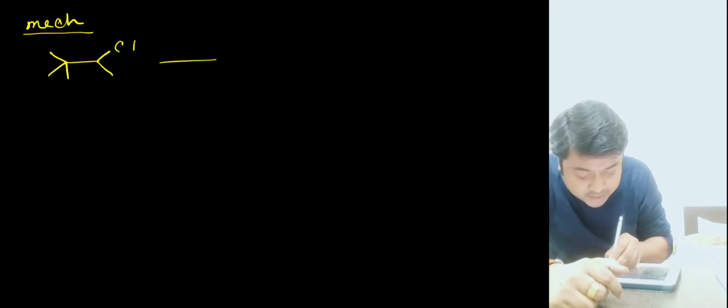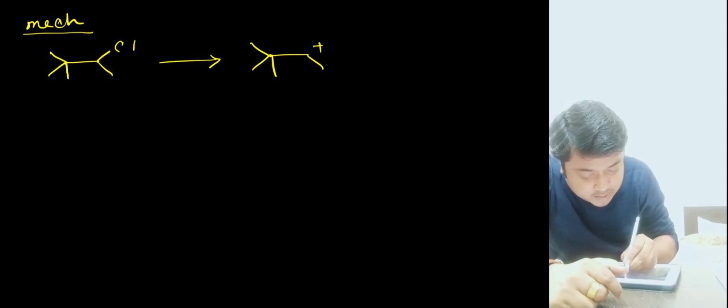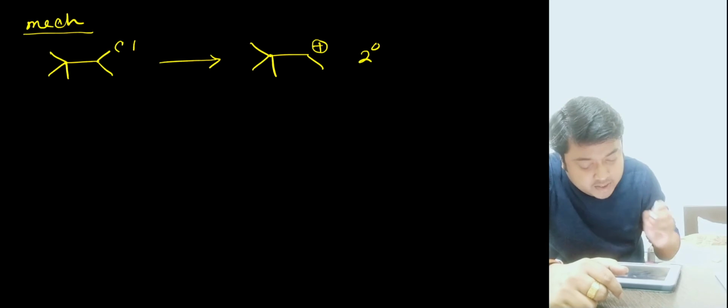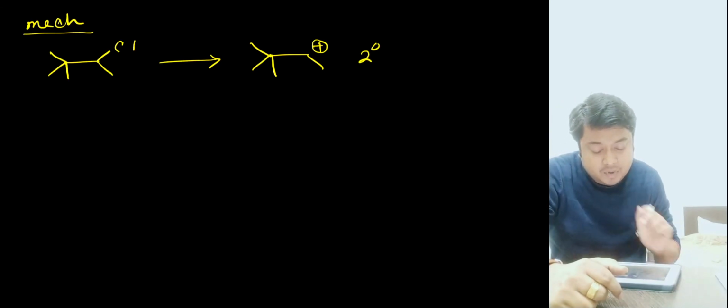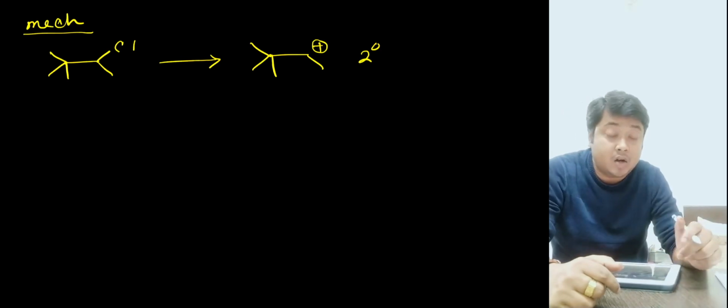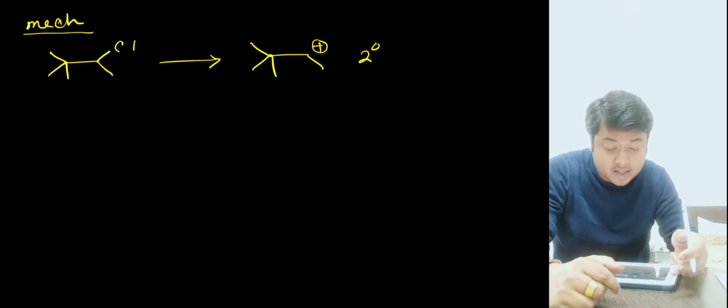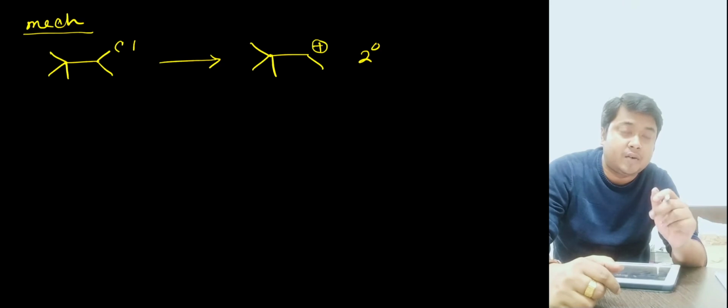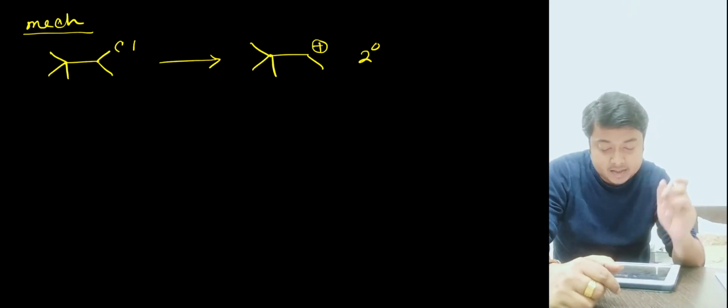So in the first step, carbocation should be formed. Here I have formed the carbocation. You can see that this is 2-degree carbocation. Now I have to check, is there any possibility of forming a more stable carbocation? Yes, there is a possibility of forming a more stable carbocation.